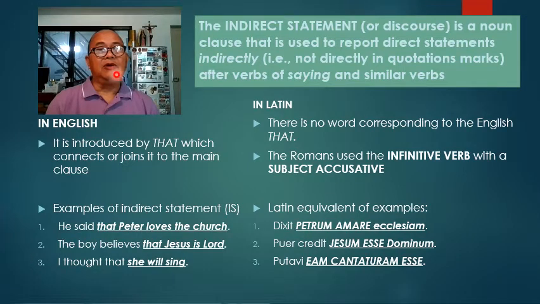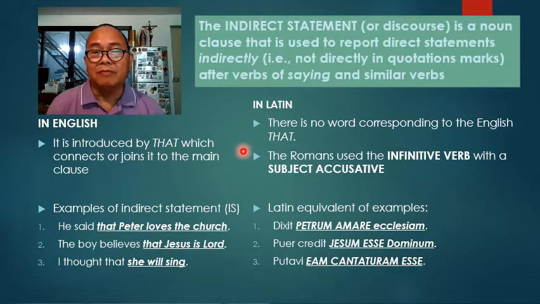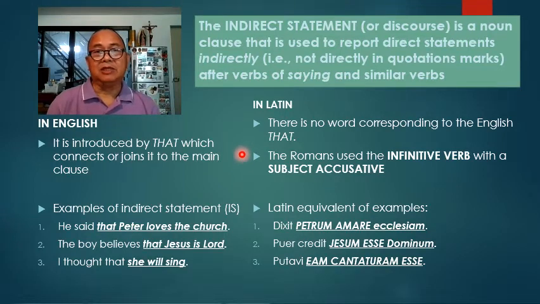Now, when we go to the Latin language, there is no corresponding word for the English that to connect the indirect statement with the main clause. Rather, the Romans use the infinitive verb with a subject accusative. So this is the unique characteristic of the noun clause.